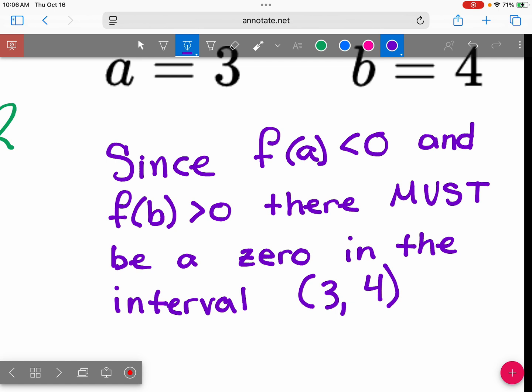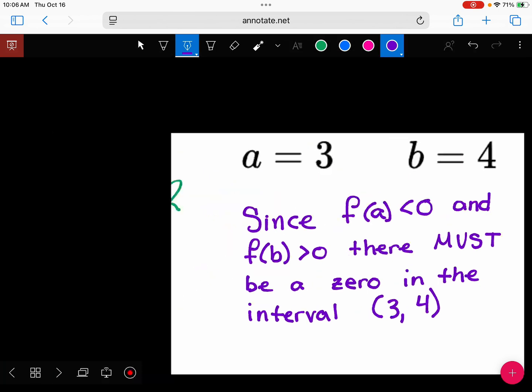I already know it's not going to be at 4 because the value at 4 is 10. So it's not going to be on 3, it's not going to be on 4. So it's not wrong to have the brackets, but I can be more specific in saying it's got to be more than 3, but less than 4. Somewhere in there we have a 0, we have a root, we have a solution.